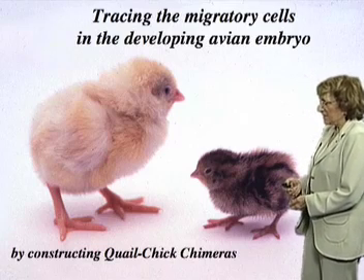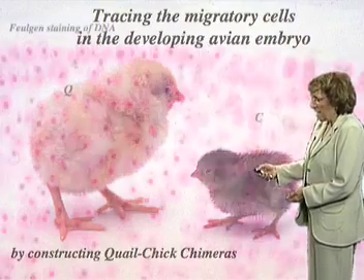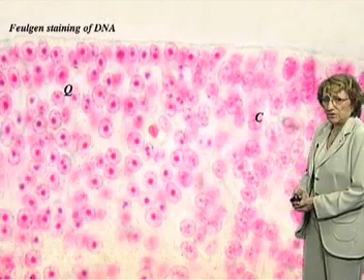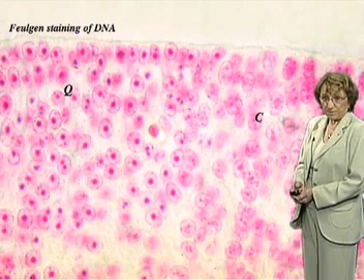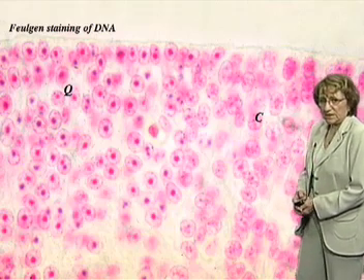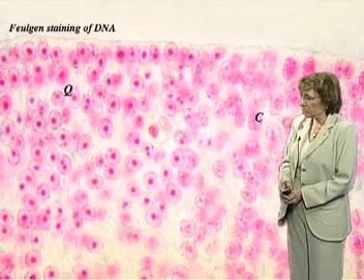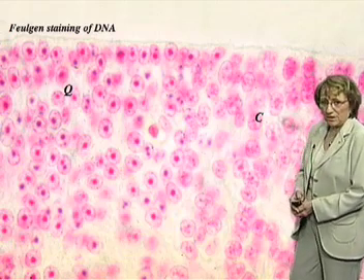The technique that I devised is based on an observation that I made about the structure of the nucleus in these two species. I noticed that in all embryonic and adult cell types of the quail, there is a particularity in the nucleus.